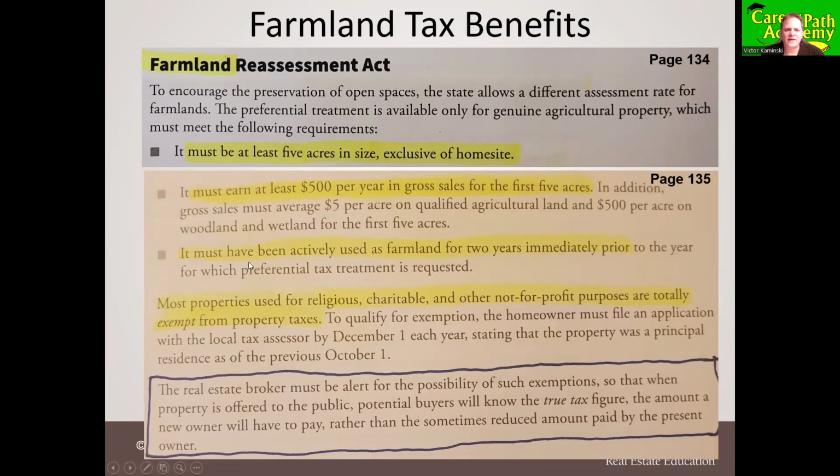So that's what's needed in order to be considered genuine farmland, to get the tax break as a farmer. And then the farmers will get a 98% tax deduction. And that's good. Farmers need that for all that land that they have.